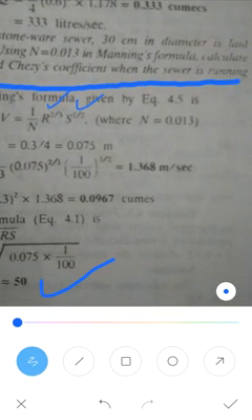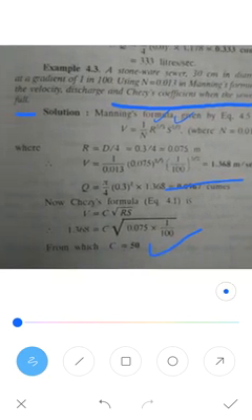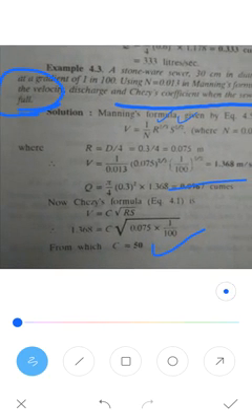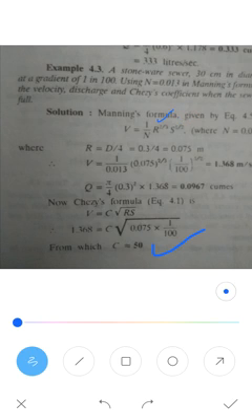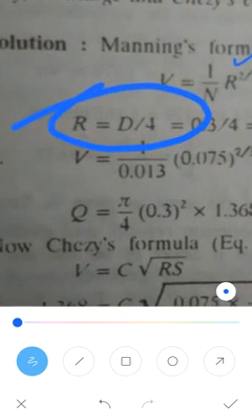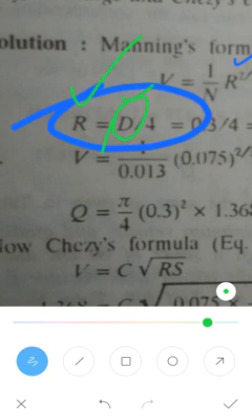Whenever they mention that the sewer is running fully, just simply write this formula: R is equal to D divided by 4, where R is the mean hydraulic radius and D is the diameter of the pipe. That's all. Keep this in mind and solve the rest of the problems.